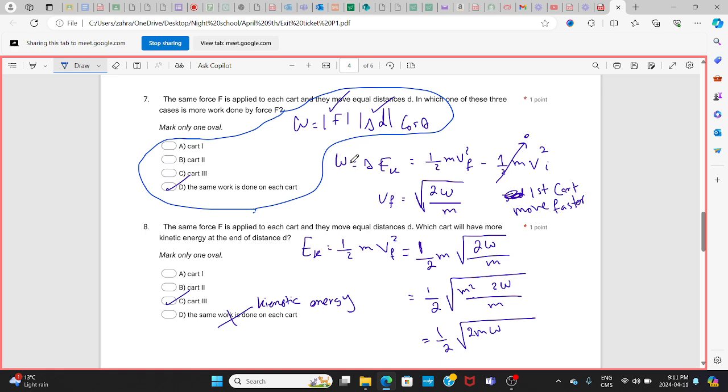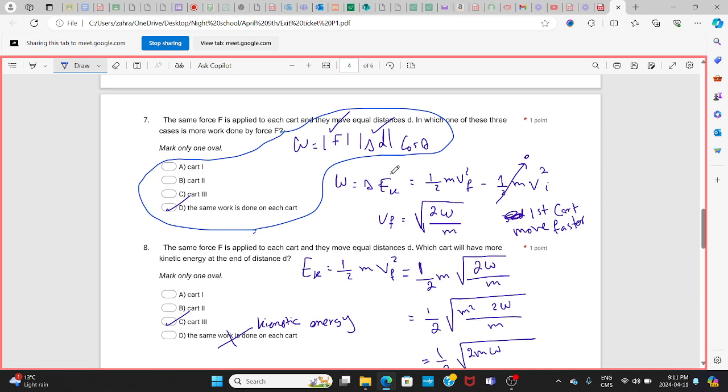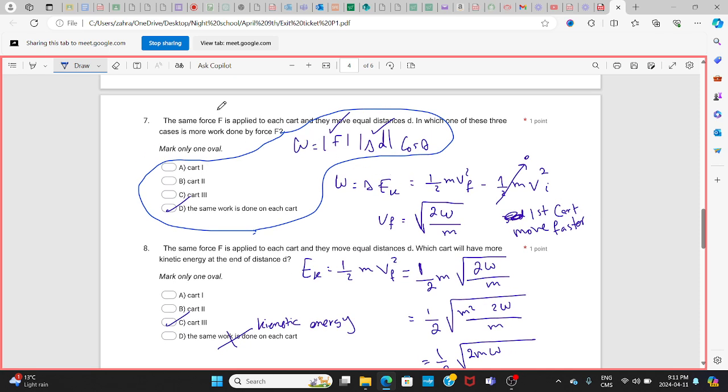If you just know the work is the change in kinetic energy, because previously we came to the conclusion that the work is the same for these three cards, right? Now I know the work is equal to the change in kinetic energy, half m v final squared minus half m v initial squared. For all of the cards, they start at rest. So W is 1 over 2 mass v final squared.